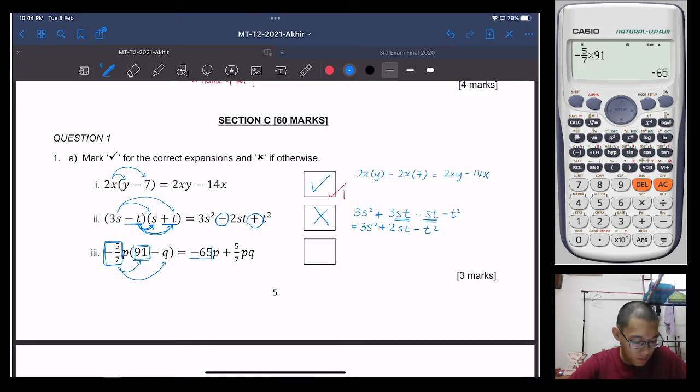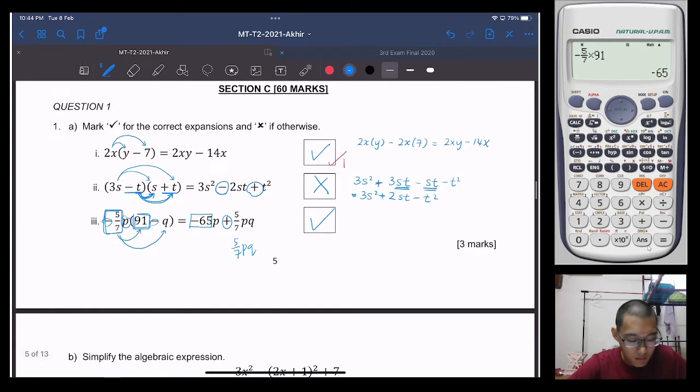And p is here, so we times together. Another part is negative 5/7p times negative q. What is our answer? Negative negative becomes positive. So this is correct: positive 5/7p times q. Okay, so question 1 is done.